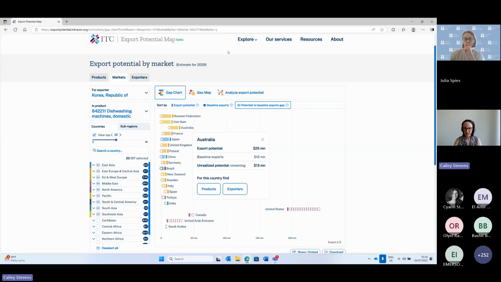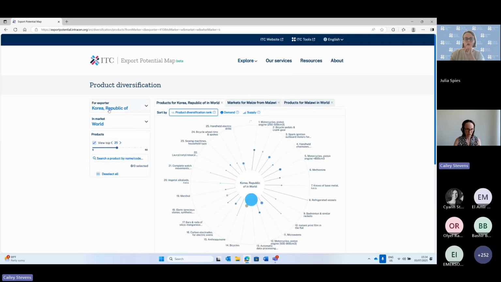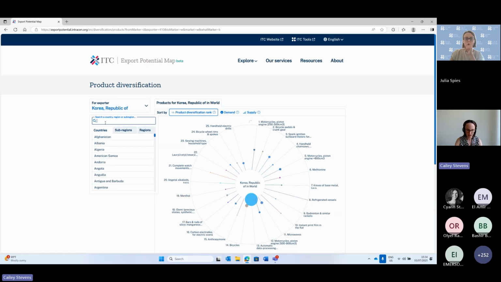We're going to take the example of Malawi because we saw that Malawi was not very diversified. So we're going to select Explore Product Diversification. It's going to default to South Korea because that's what we were just looking at, but I'm going to start over by looking at Malawi.